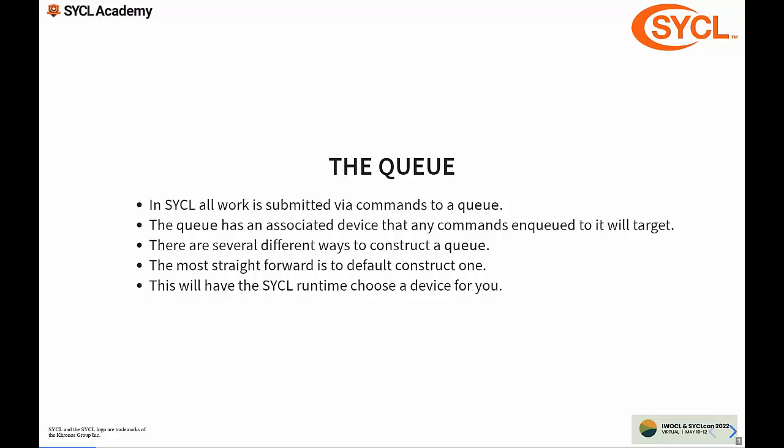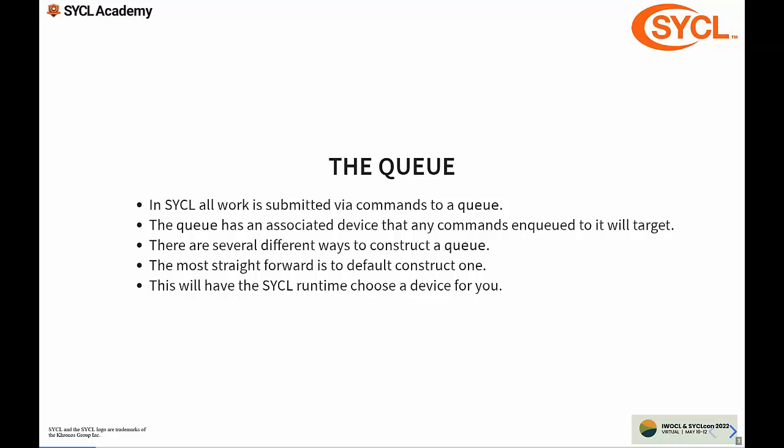In the basic case, it's usually a default constructor, and we already had a question on that, but you always have a way to construct a queue dedicated to some specific device. It may be a queue constructed with a GPU selector, it can be a queue constructed for CPU, and so on. So you can even create your own selector by writing your own selector class.